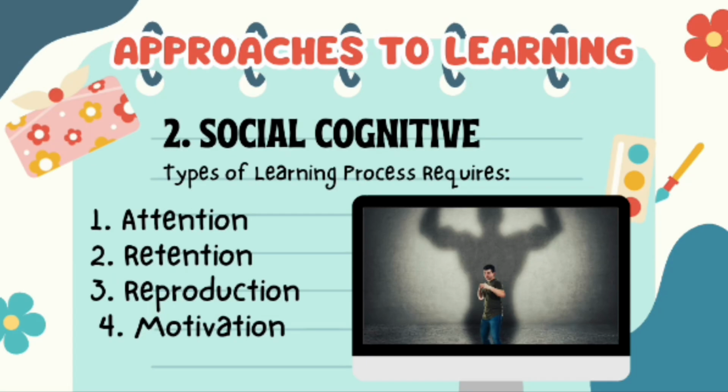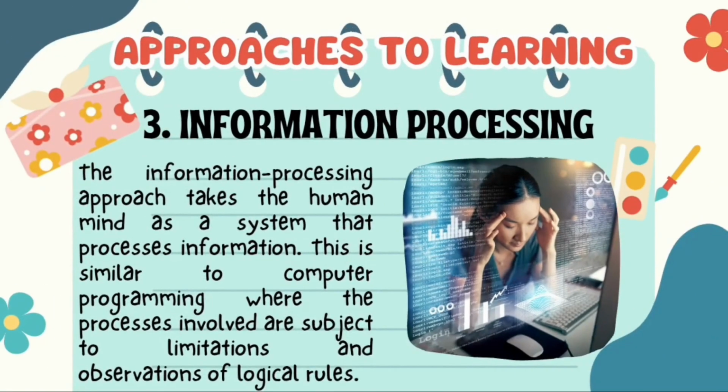Okay. So the next one is information processing approach. This approach compares the human brain to a computer. Like, gi-associate sa human brain, ang kaninga approach is gi-associate ang human brain sa computer. So, learning goes through 3 stages.